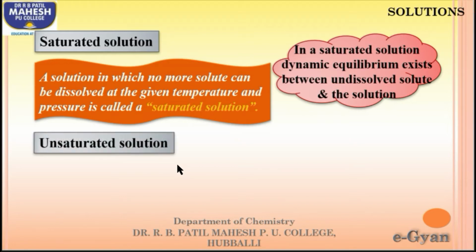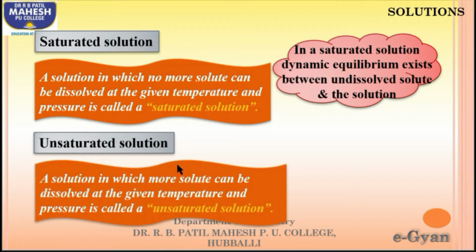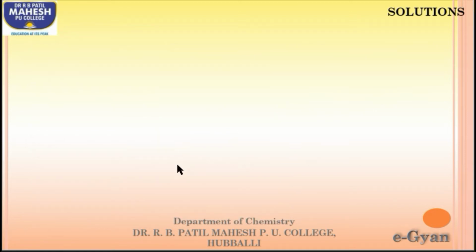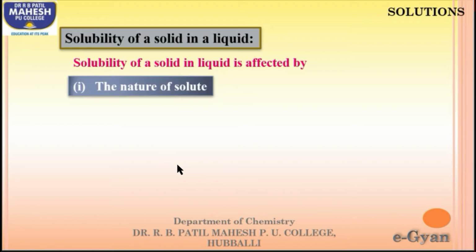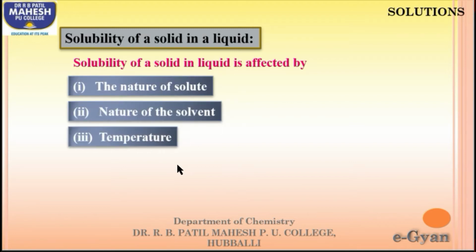The next thing is unsaturated solution. A solution in which more solute can be dissolved at a given temperature and pressure is called an unsaturated solution. Next, solubility of a solid in a liquid is affected by a few points like nature of the solute, nature of the solvent, and temperature.